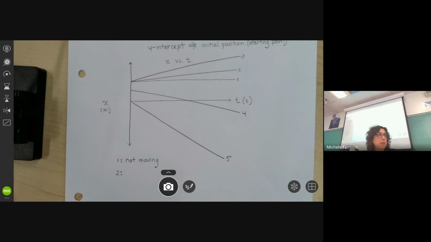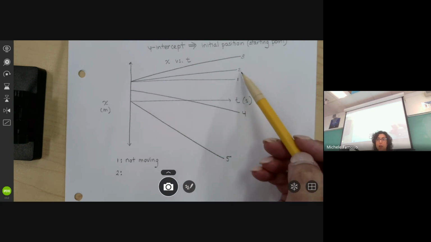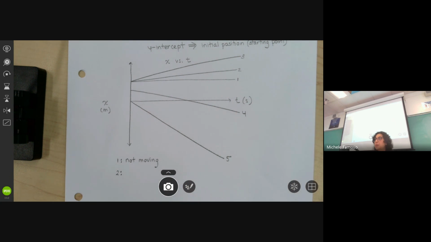Okay, let's look at object 2. First of all, can you tell me which way it's headed? It's headed to the right. How do you know that? Positive slope. The line is going up, so that means it's headed to the right on your number line. Is this line steep or shallow? So what does that mean?